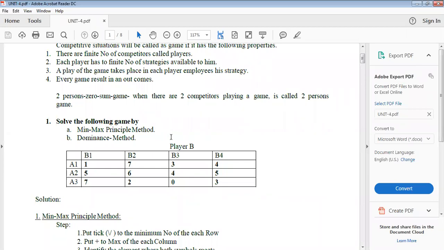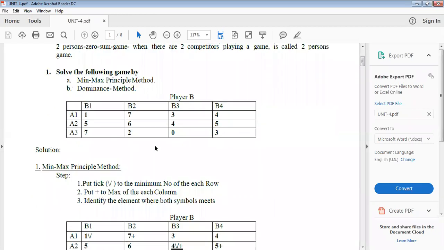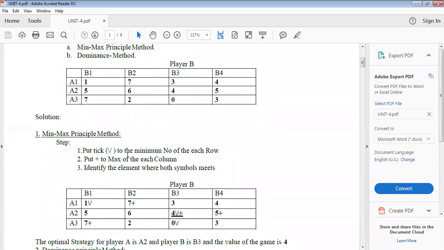Solve the following game by the minimax principle method and the dominance method. Here B1, B2, B3 are the player B's strategies, and A1, A2, A3 are the strategies of A. To the minimum number of each row, mark a minus, and put a plus to the maximum of each column.